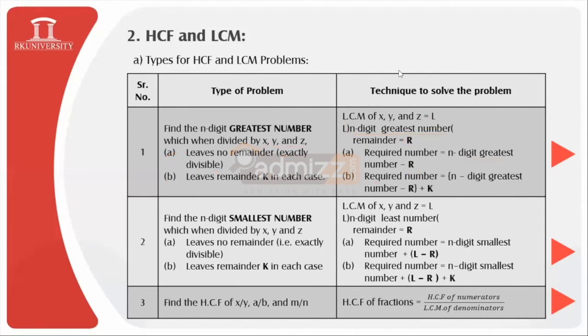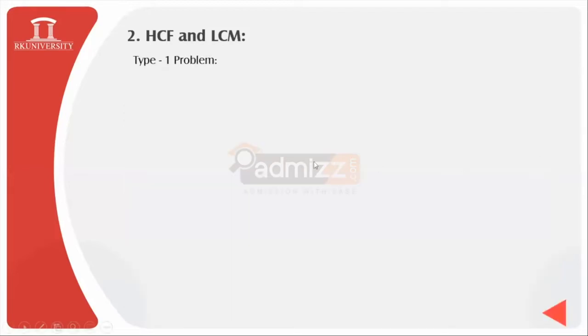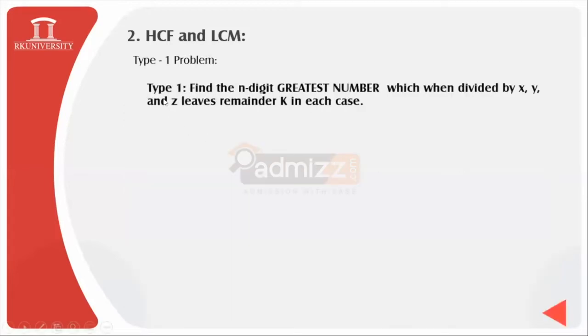To have a better understanding of this type, let's simplify an example based on it. So let me redirect you to the said example. Now see, this is the type involved, that is finding the n-digit greatest number which when divided by x, y and z. Now the type involved is of type 1B.